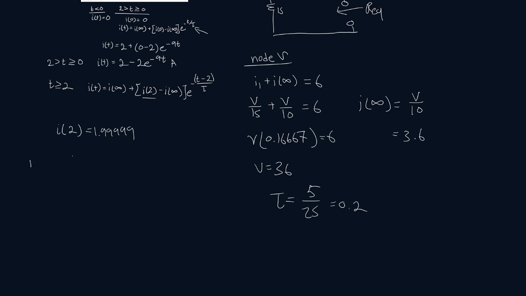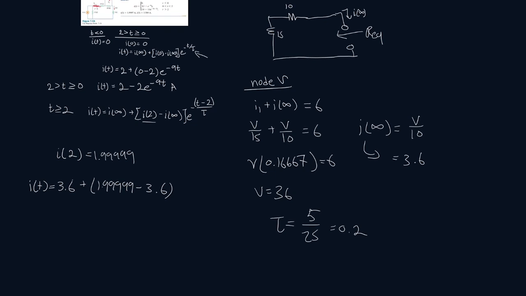So I of t will be I infinity, which was 3.6. Right, so this is I infinity, plus 1.99999 minus 3.6 times e to the power of t minus 2. Sorry, minus bracket t minus 2 all over 0.2.